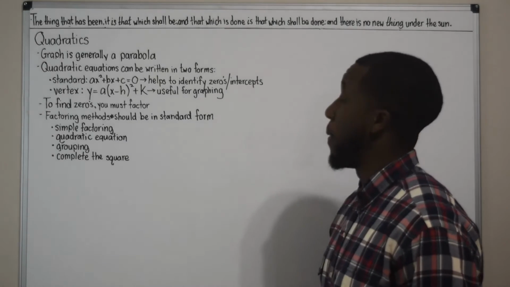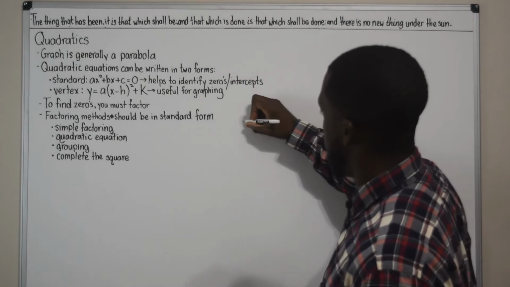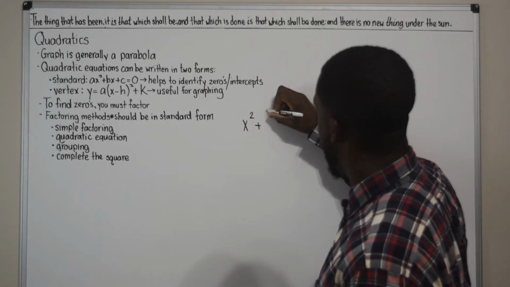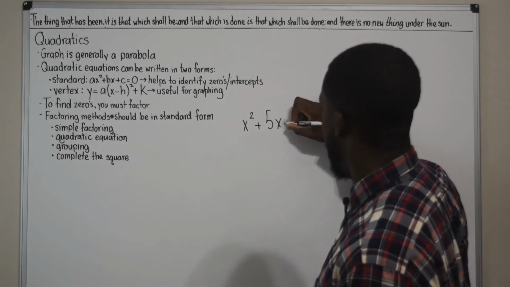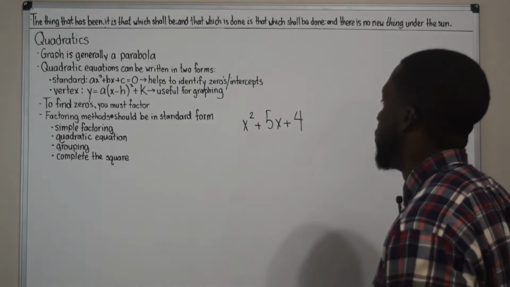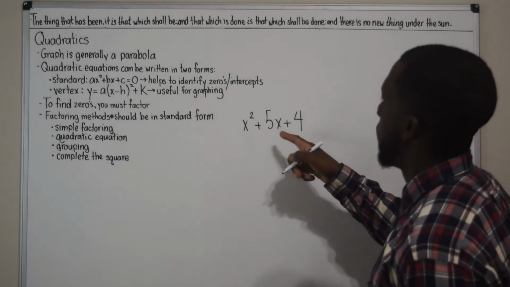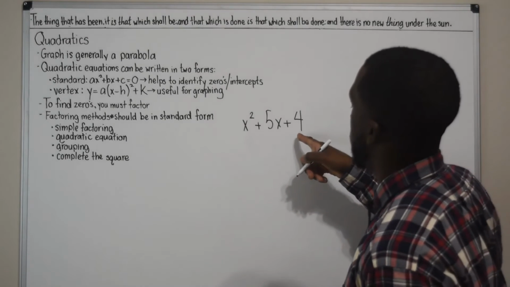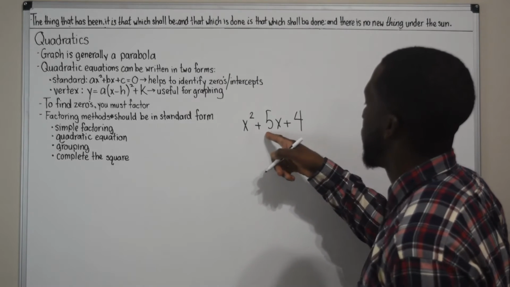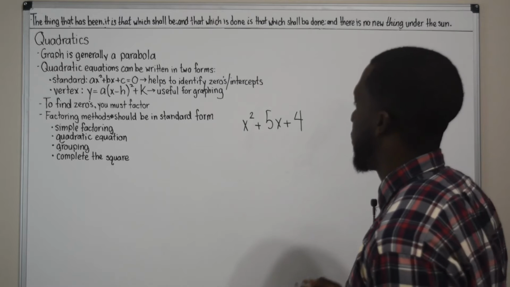So let's try another one. We're gonna have x squared plus 5x plus 4. So we're gonna take two factors of positive 4 that add up to positive 5.